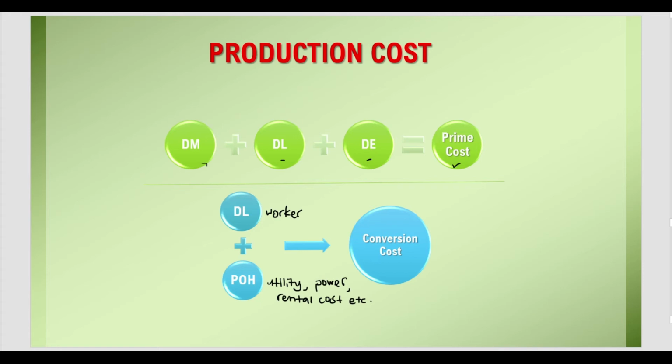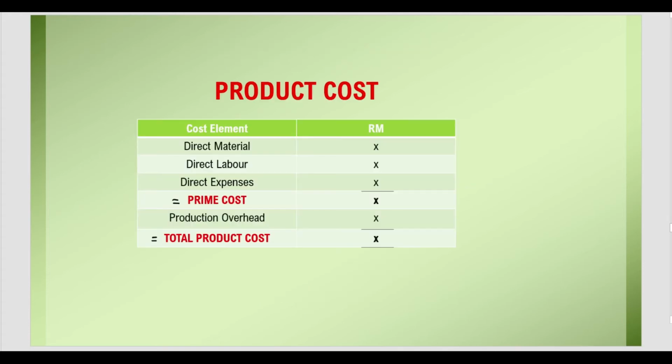So conversion cost is direct labor plus production overhead. If we are to express it in table form, product cost equals DM plus DL plus DE, equals prime cost, plus production overhead, becomes total product cost.